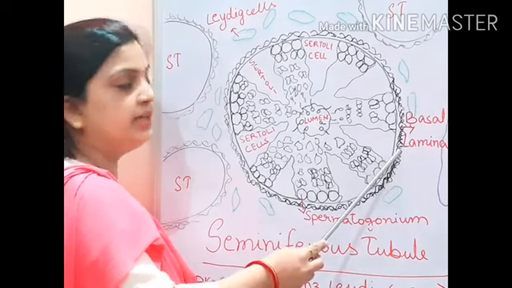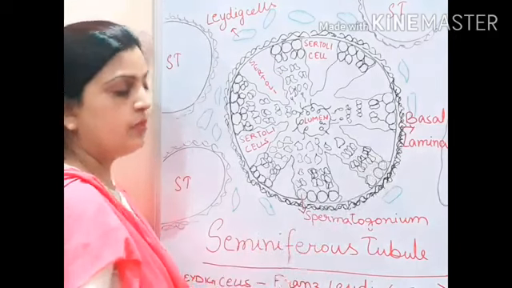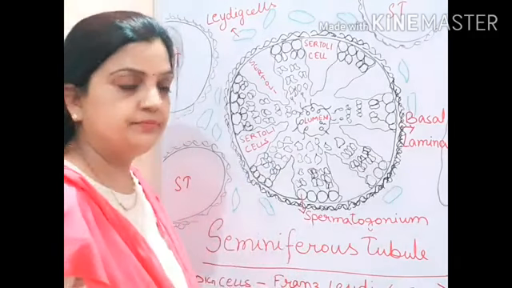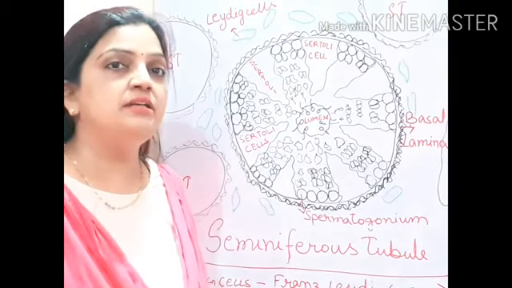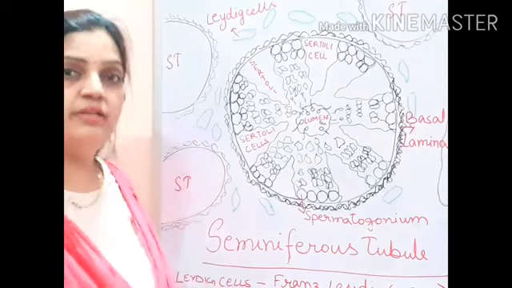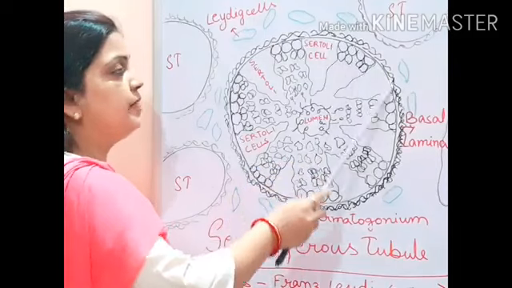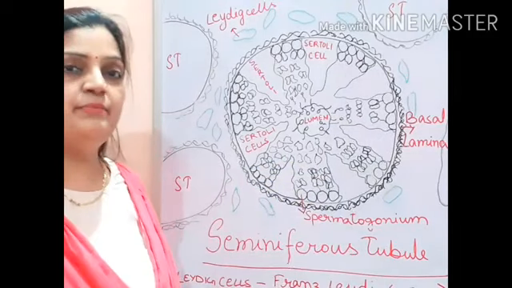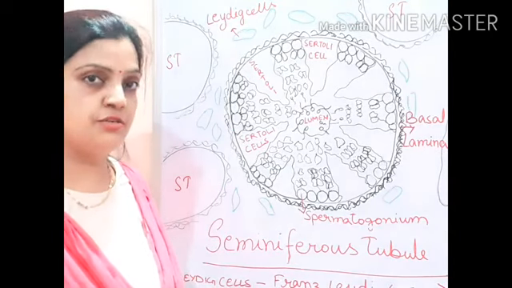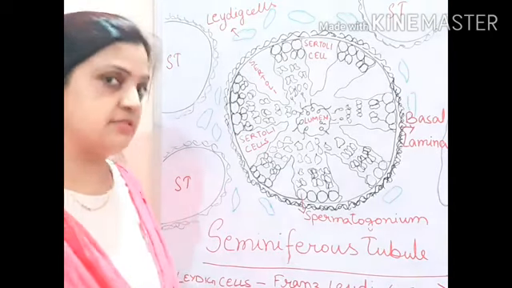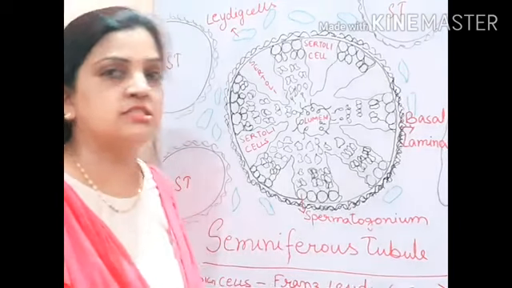Now we will be moving to the inner side of the seminiferous tubule, the inner lining of the tubule. The inner lining of the tubule is made up of germinal epithelial cells. These germinal epithelial cells line the seminiferous tubule and are responsible for the production of two important types of cells. Inside the seminiferous tubule, there are only two types of important cells.